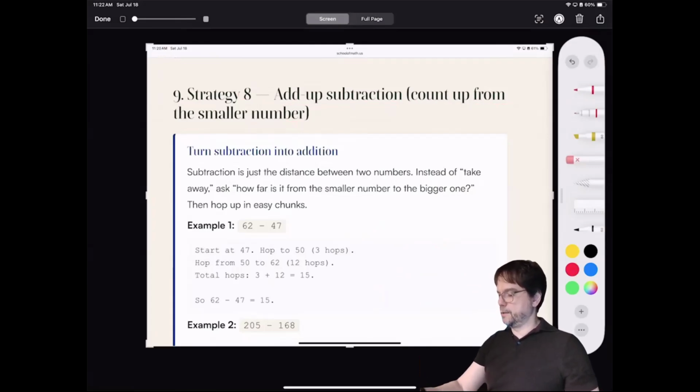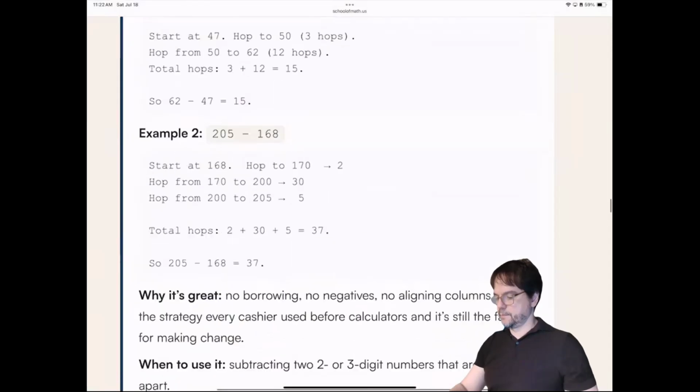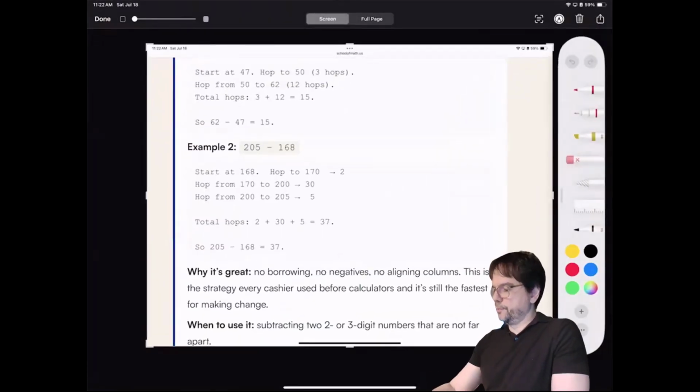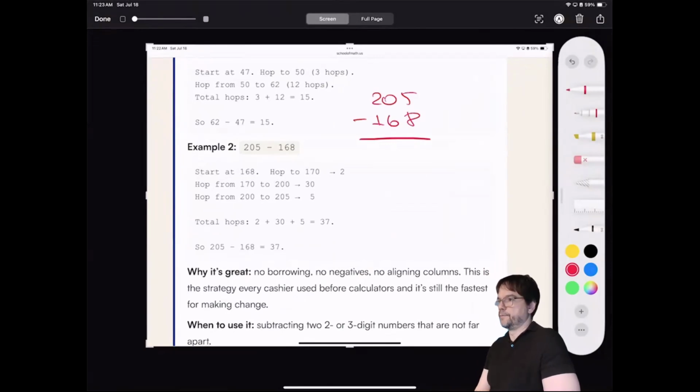I will do the other one. 205 minus 168. Very hard.